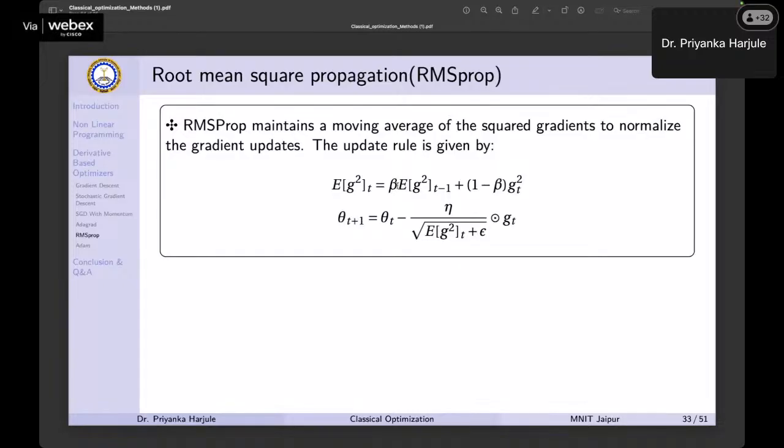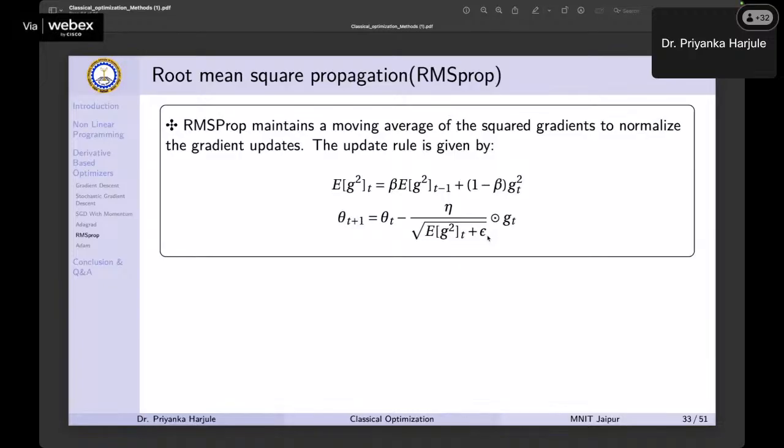The entire process will result in higher initial jumps and slow convergence. To prevent this kind of thing, you have the exponentially moving average. So if your recent gradients are large, this entire step size becomes smaller. If your recent gradients are small, this entire step size becomes larger.